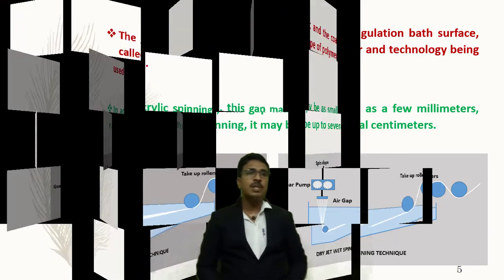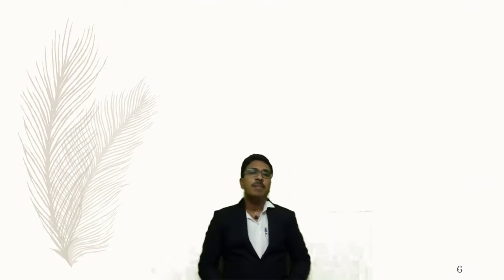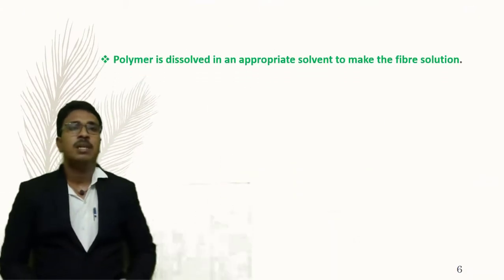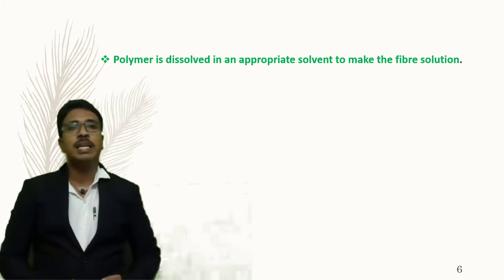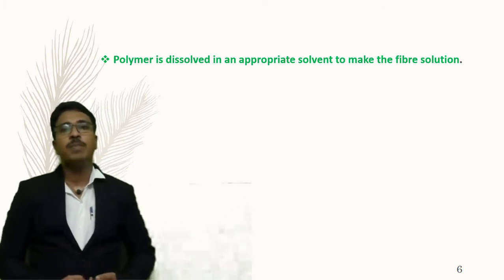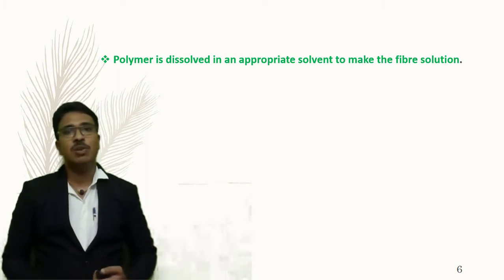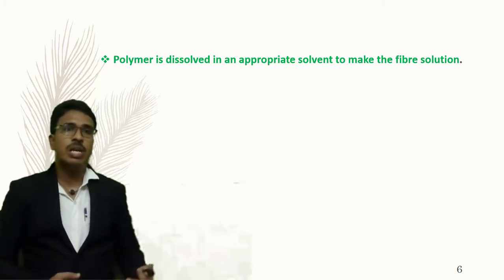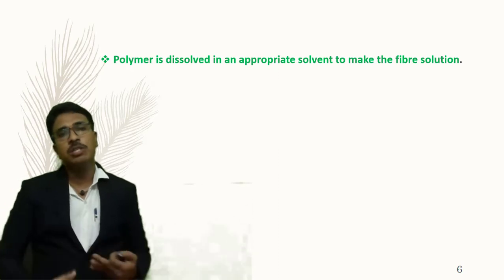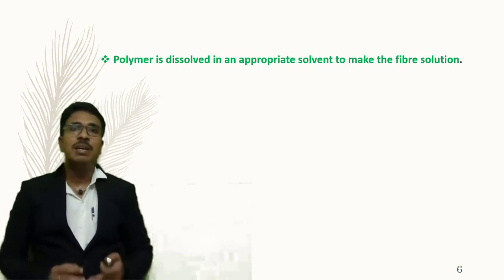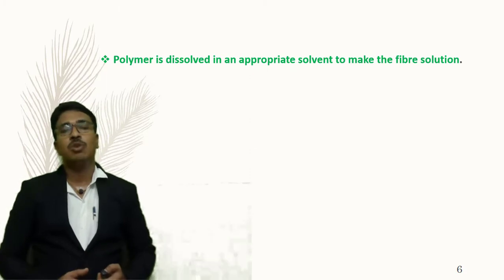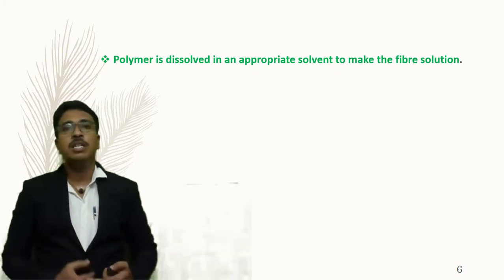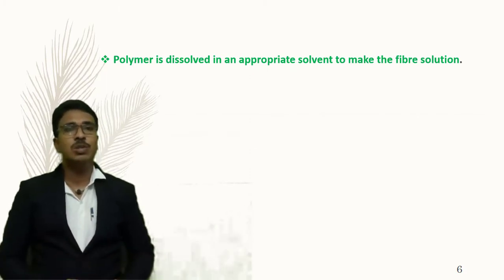Okay. Now, coming to the polymer. First, whatever polymer we are taking is dissolved in an appropriate solvent to make the fiber solution. This is what we have discussed over the past 2 classes. In preparing the polymer solution, we have to take a suitable solvent and then dissolve the polymer in that solvent.